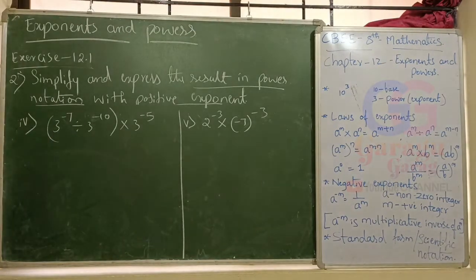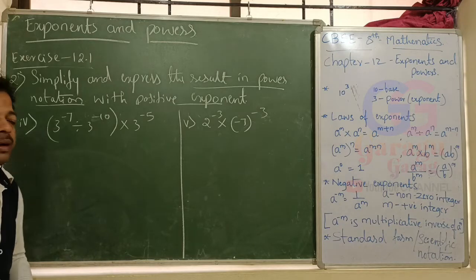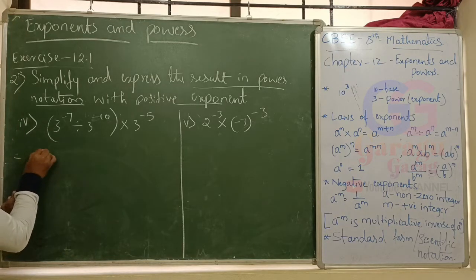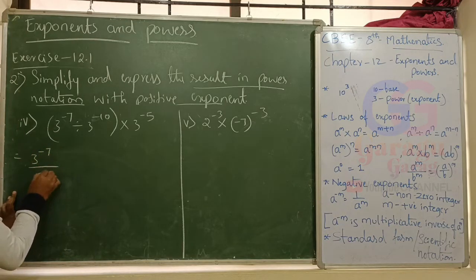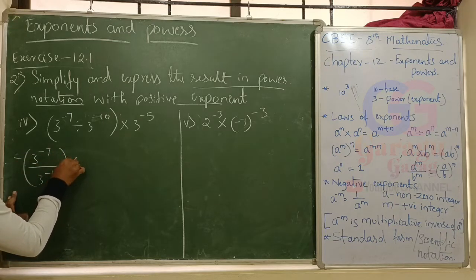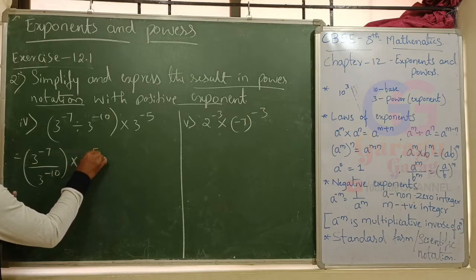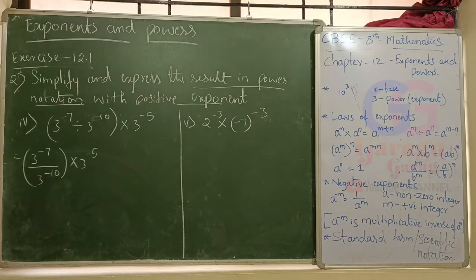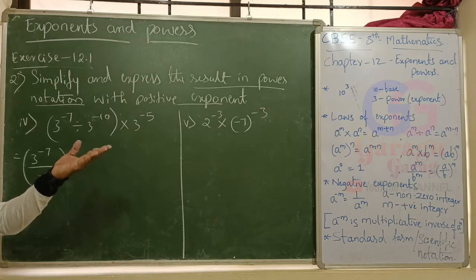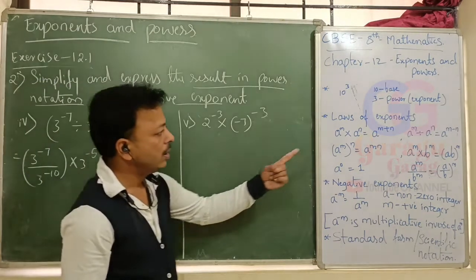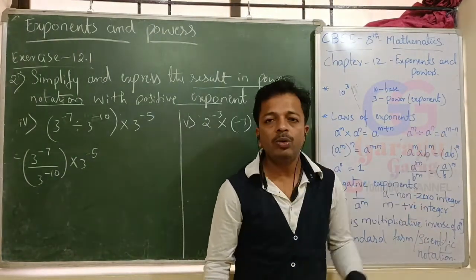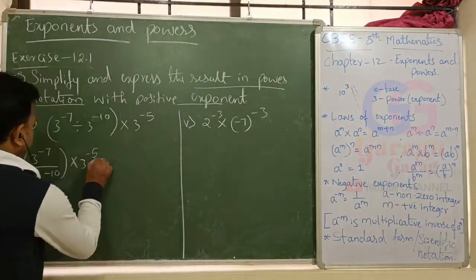First one, 3 raised to minus 7 divided by 3 raised to minus 10 into 3 raised to minus 5. You may do it in two ways. This negative exponent you may convert to a positive, or directly apply the formula a raised to m divided by a raised to n equals a raised to m minus n.